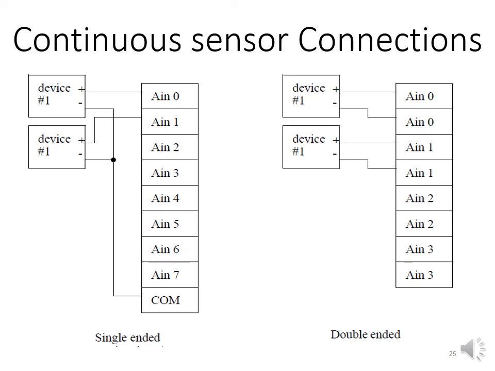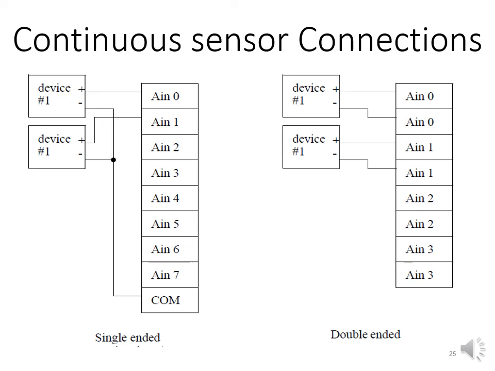For example, in our illustration there, sensor 1 labeled as device 1, the positive terminal is connected to input 0. The positive terminal of device 2 is connected to input 1 on the receiving circuit. Then the negative terminals are connected together and connected to the common point on the receiving circuitry.